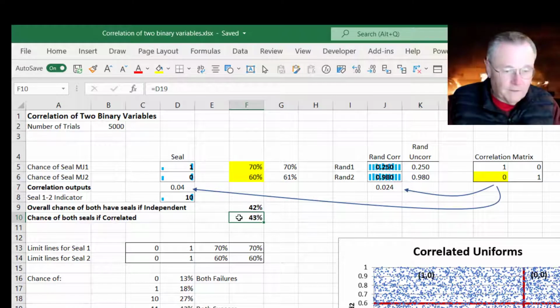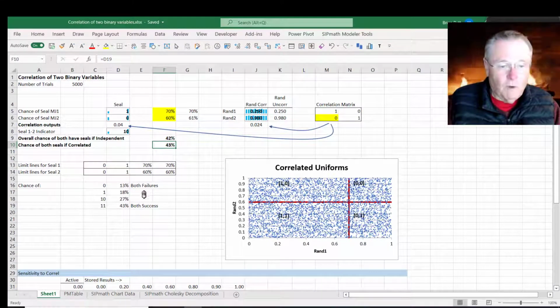Another way to think about this is, given this system of 0 and 1s, what's the probability that both are successful? Well, here we've calculated that. They're both successful 43% of the time.